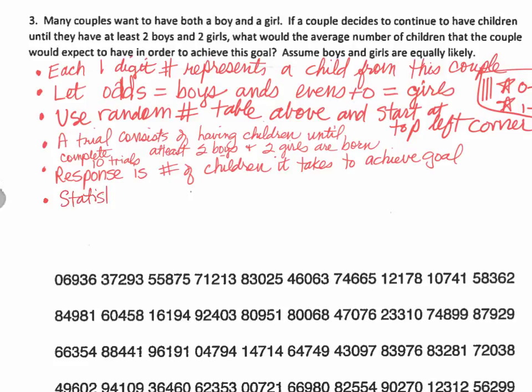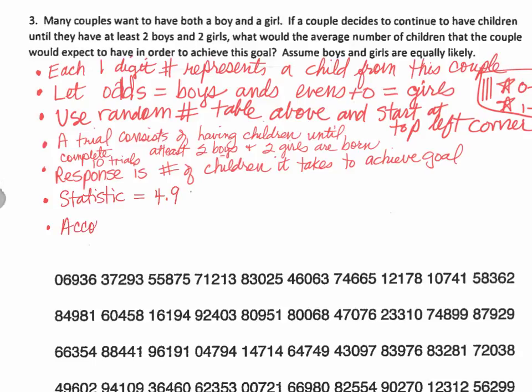The statistic is the actual number, and it's going to be your proportion or your average, depending on what the problem asked. Ours was 4.9. So now I write out, according to my simulation, what this shows, and that'll be my conclusion.